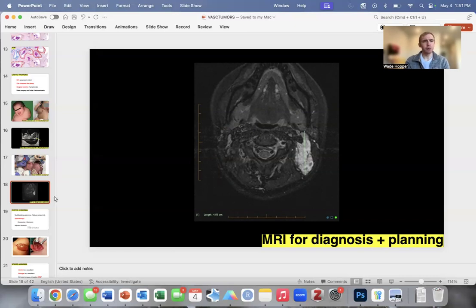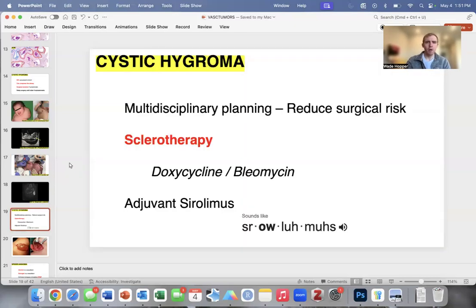And we do intralesional sclerotherapy with bleomycin, a chemotherapeutic agent. Doxycycline, that's another example of something you just inject into the hygroma cavities itself. Problems are that, again, this tends to be multiloculated, so you may not necessarily hit every single cavity with what you're injecting.